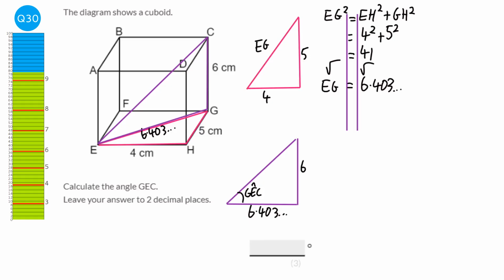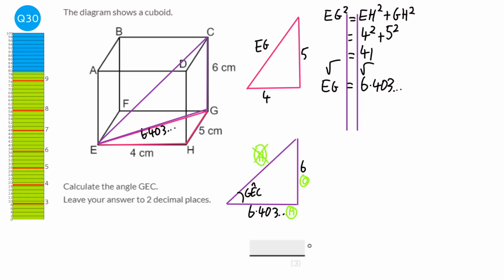Now, to work out what GEC is, it's not going to be Pythagoras anymore, it's going to be trigonometry, because we're looking for an angle. So we first of all label the sides. So we've got the opposite, we've got the adjacent, and we've got the hypotenuse. We're not using the hypotenuse at all, but we are given the opposite and the adjacent.